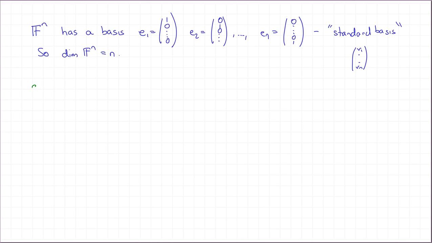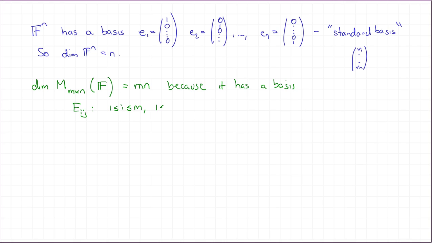So the dimension of the vector space of all m by n matrices whose entries come from F is going to be m times n, because it has a basis E_ij, where i runs between 1 and m, and j runs between 1 and n. So there are m times n different possibilities for those things.